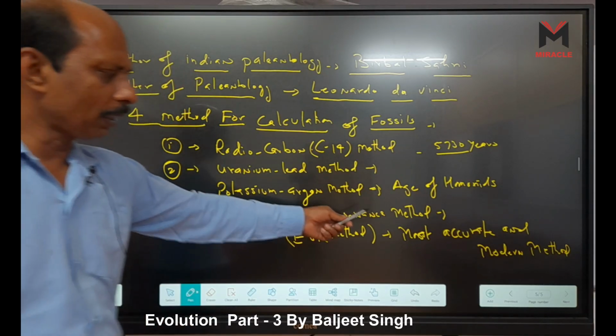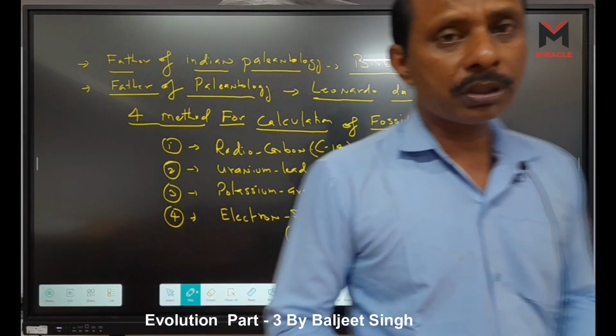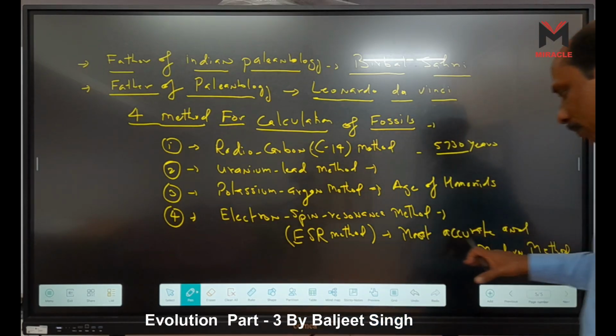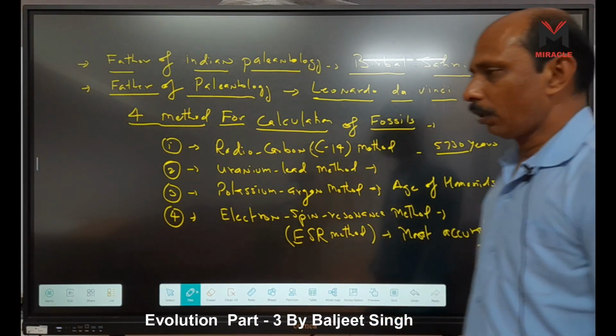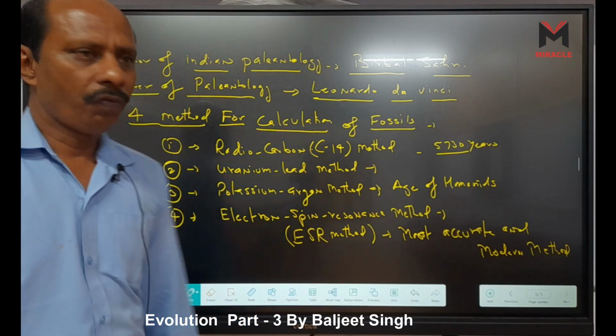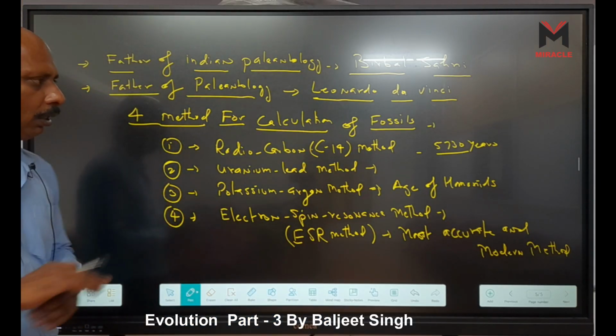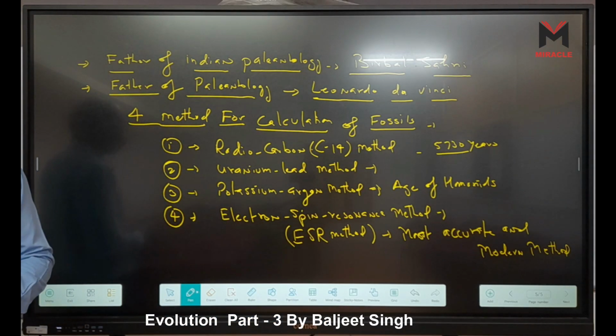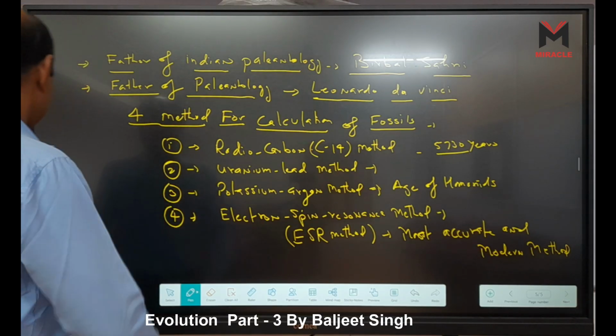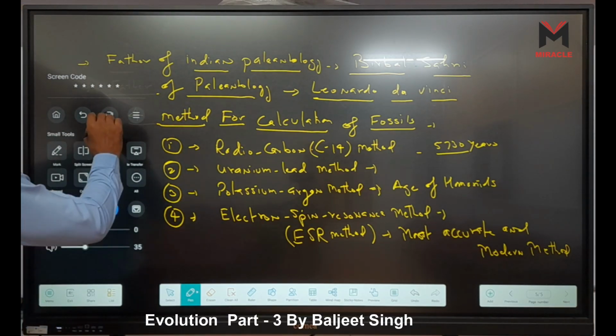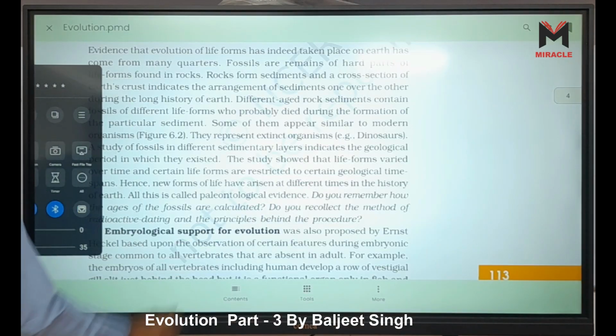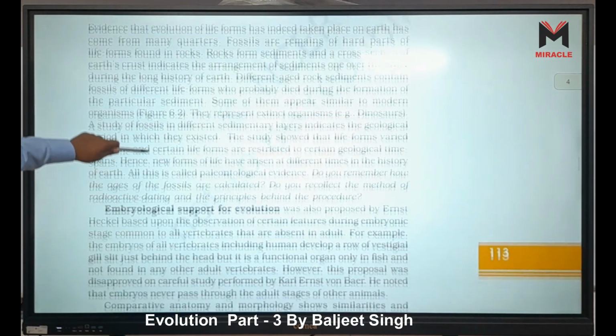Electron spin resonance method is for all of them, but it is the most accurate at this time. It is the most modern method for calculation of fossils, right? This is about the fossils. Okay, now come to the NCERT. I think you understand.